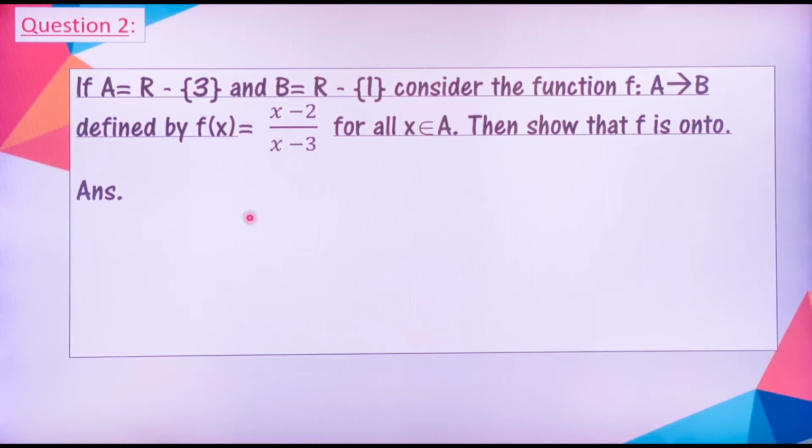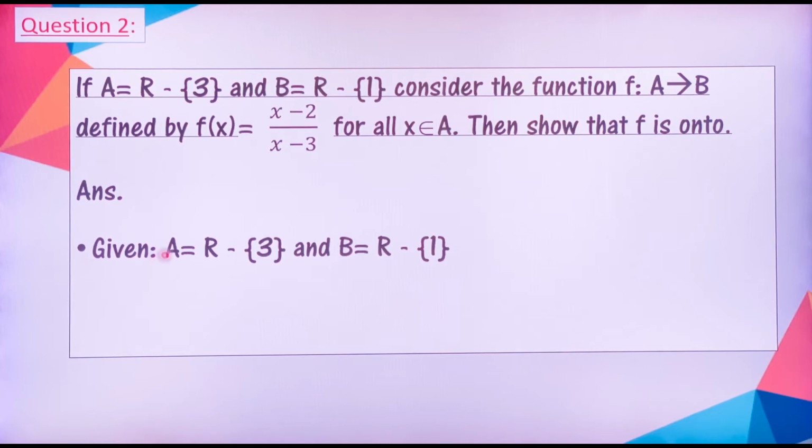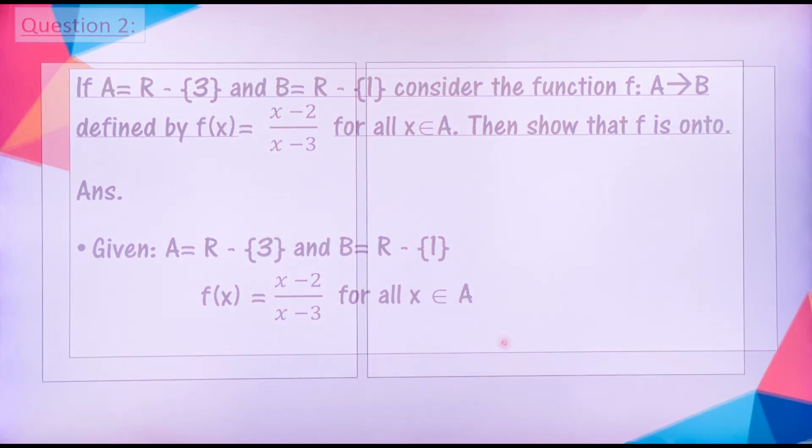In order to show f is onto, we must show that the range of f(x) and its codomain are the same. Given A is equal to R minus {3}, B is equal to R minus {1}, f(x) is equal to (x minus 2) by (x minus 3) for all x element of A.